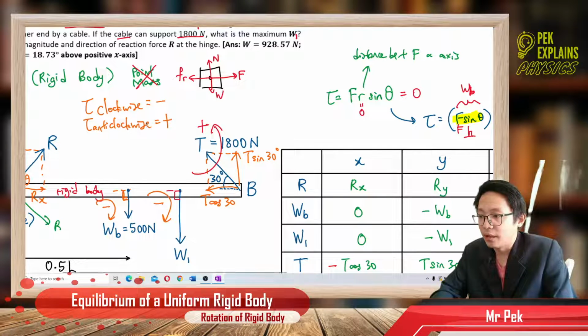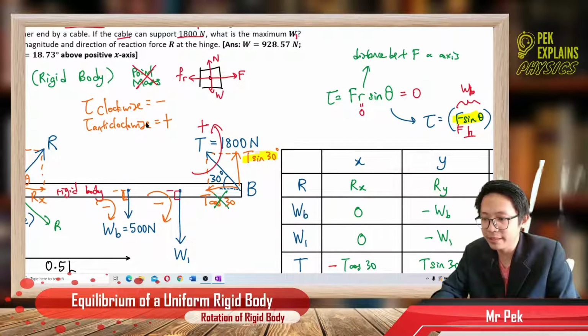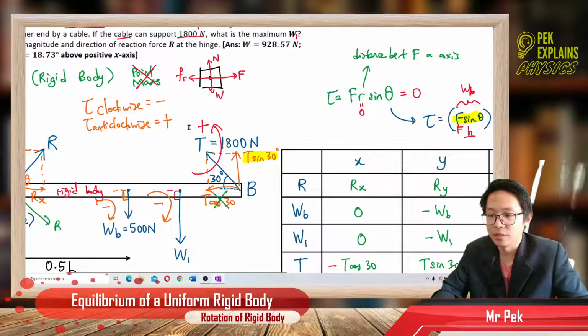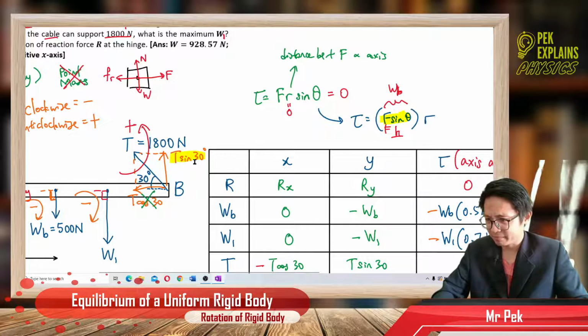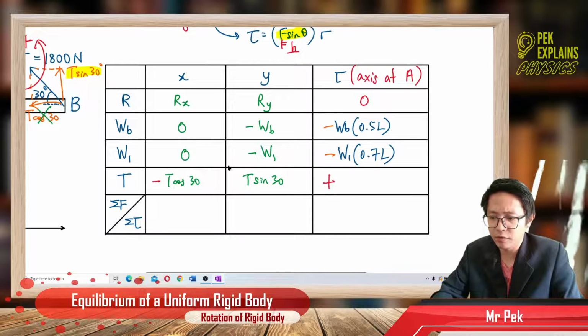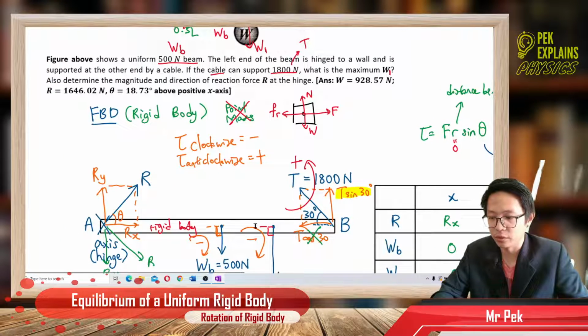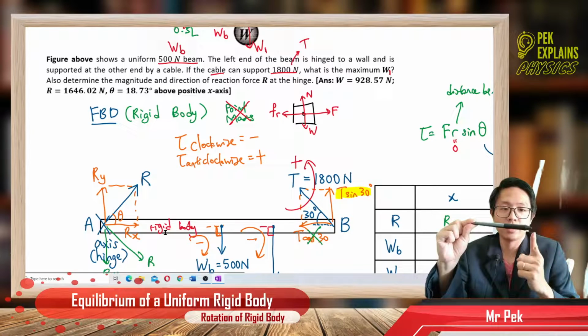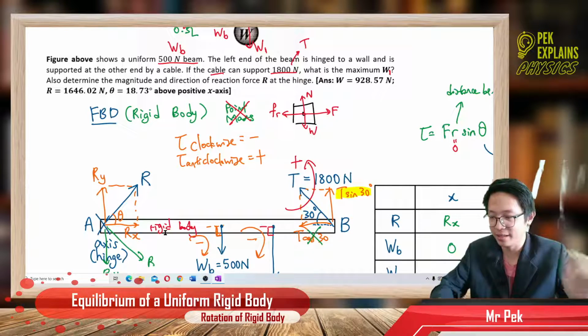So T cos 30 cannot rotate, but T sine 30 can. Our F is T, our theta is 30, so the torque is positive because it rotates anti-clockwise.